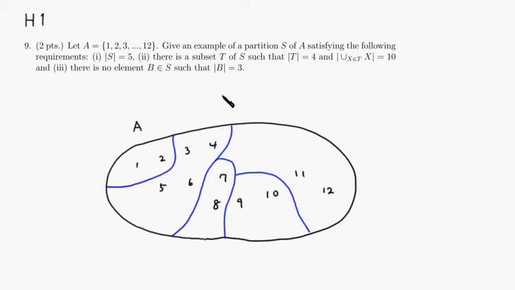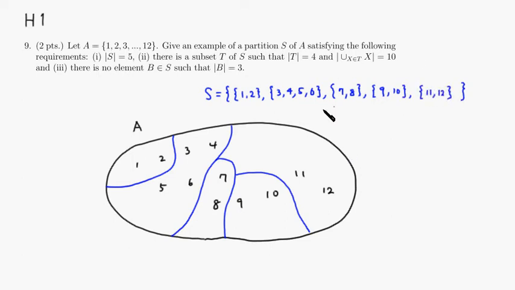So our partition S in this case is going to be, since a partition is a set of subsets: 1 and 2 together, 3, 4, 5, 6 together, 7 and 8 together, 9 and 10 together, and 11 and 12 together.